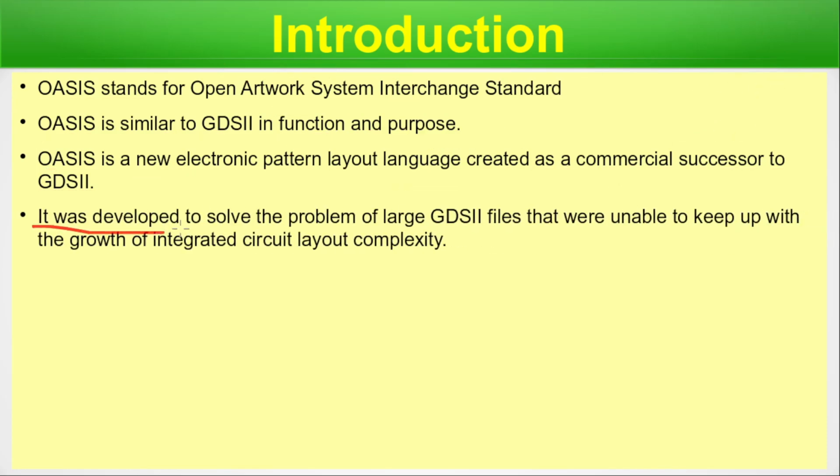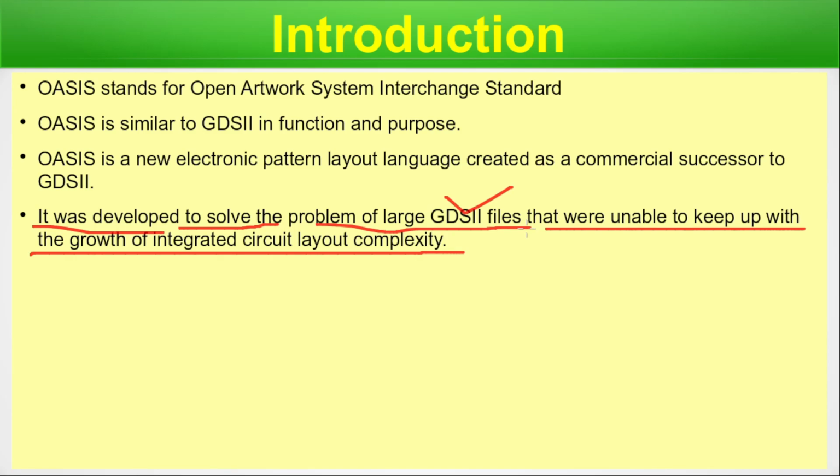It was developed to solve the problem of large GDS2 files that were unable to keep up with the growth of the integrated circuit layout complexity. We are moving down below 10 nanometer today, and the OASIS has a better compression algorithm as compared to GDS2.